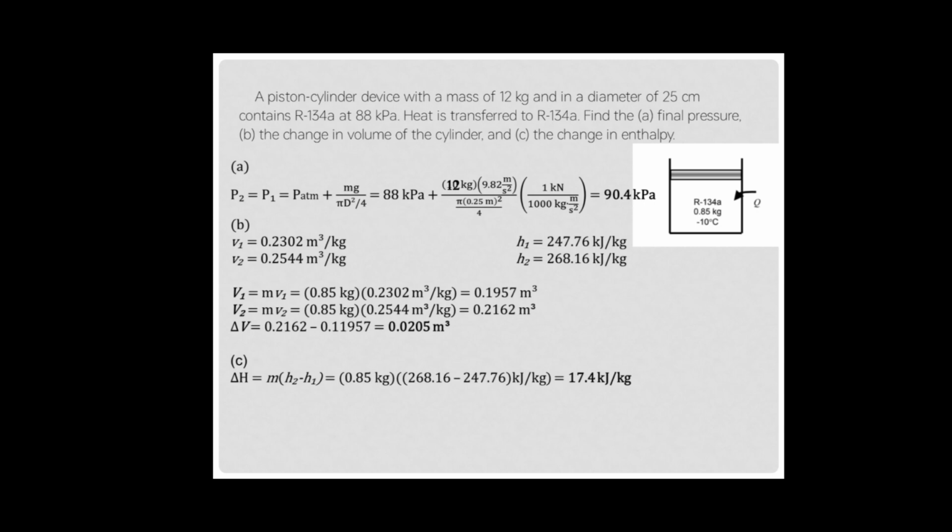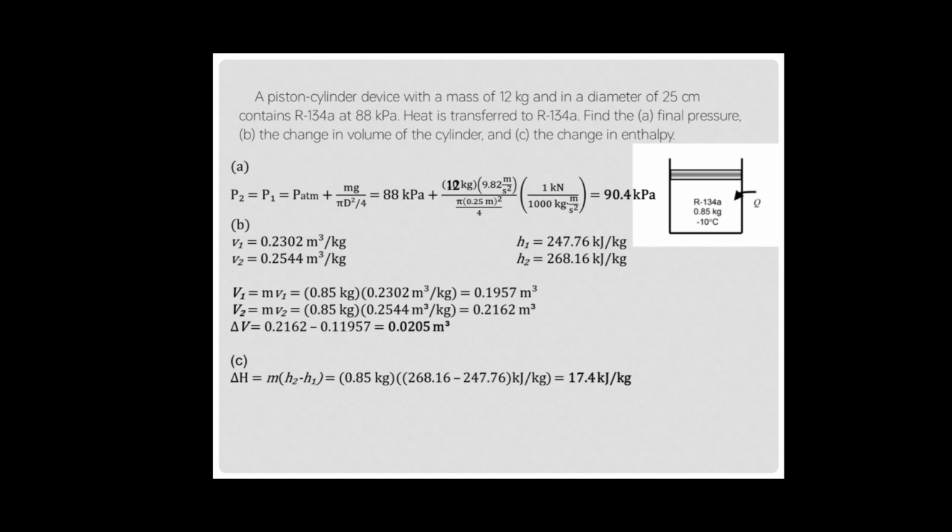Now, we multiply it by 1 kilonewton over 1000 kilogram meter per second squared to convert it into kilonewton, to kilopascal, because 1 kilonewton is equivalent to 1000 kilogram meter per second squared, or newton.